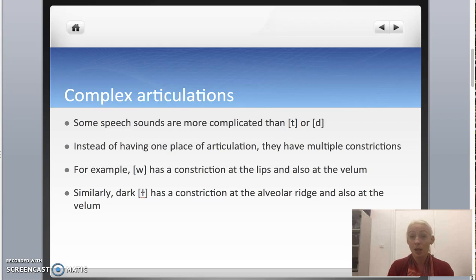And dark l is different from clear l, as in light, that occurs in the beginning of words because of this additional constriction.